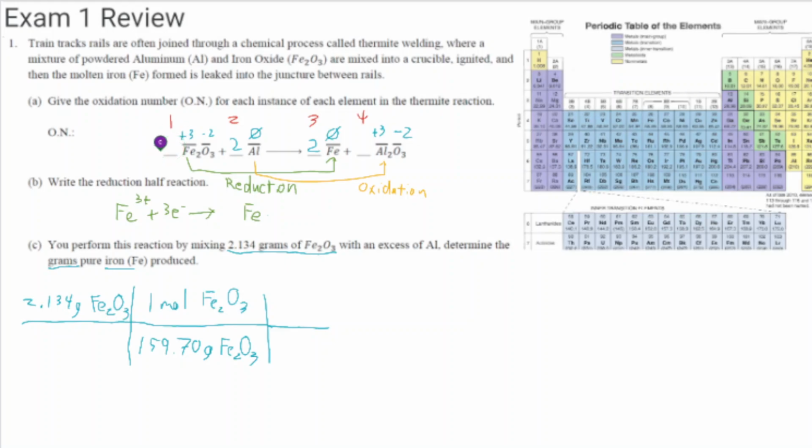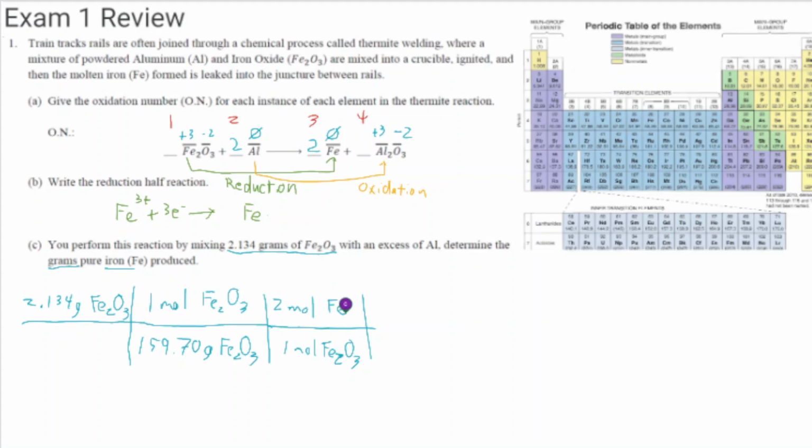So 1 mole of iron oxide is equal to 2 moles of iron. To figure out which side goes where, we're looking at moles of iron oxide up here, so we need to have that on bottom. So we're going to say 1 mole of iron oxide on bottom is equal to 2 moles of iron.